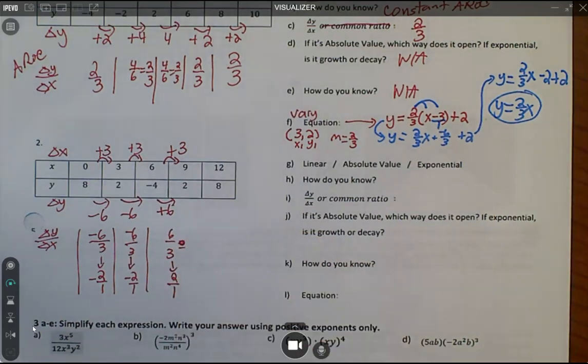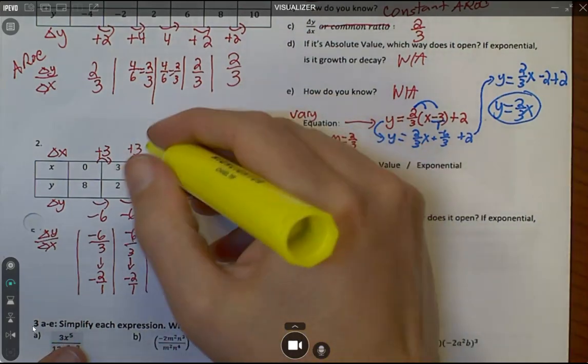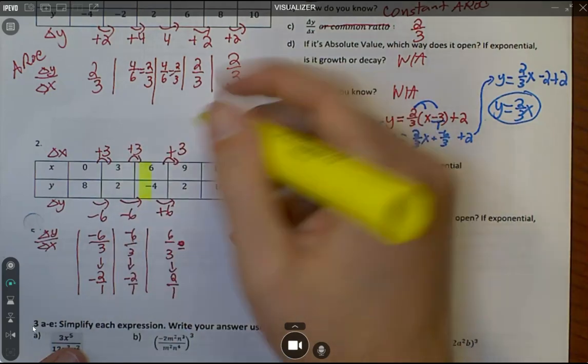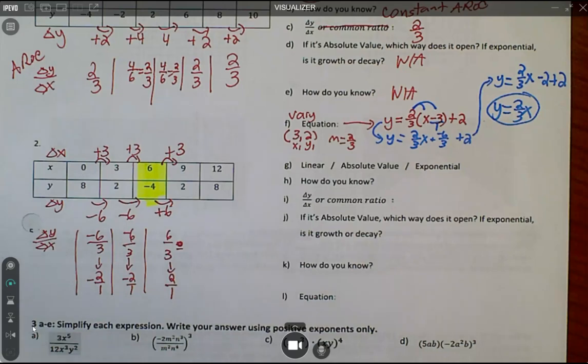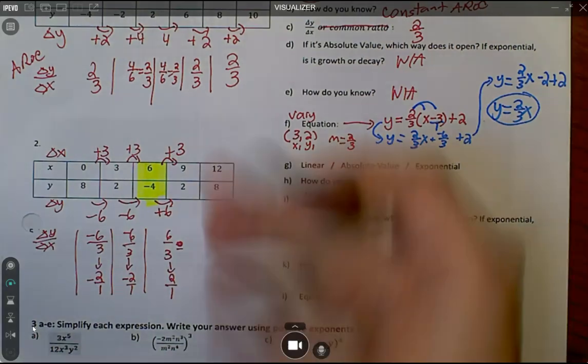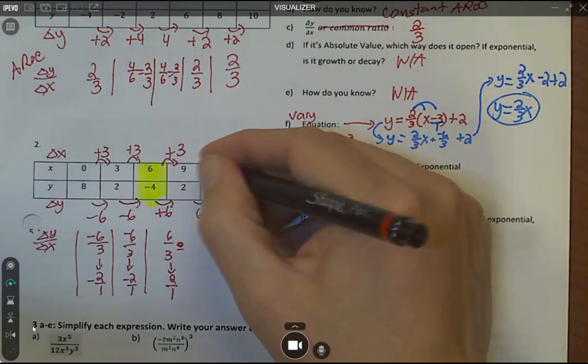So that makes this the vertex. Just make sure it's all throughout the interval or it's a trick question.